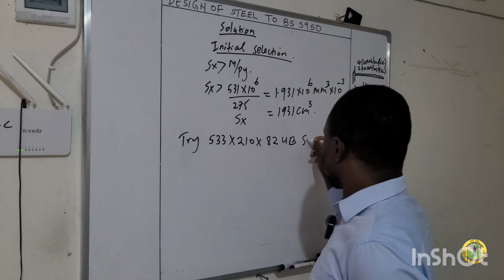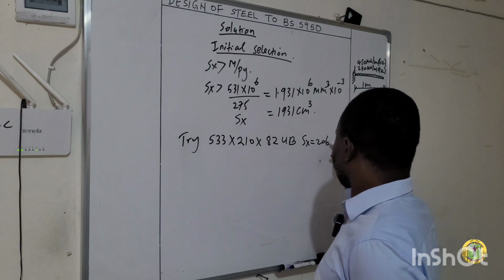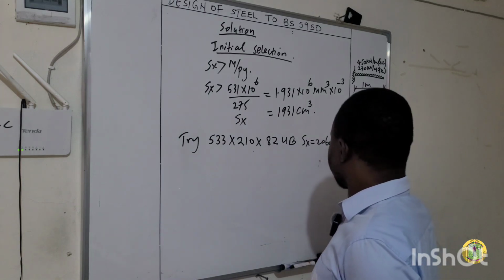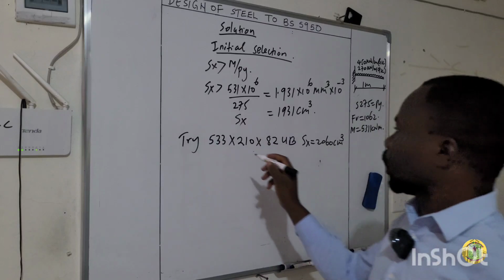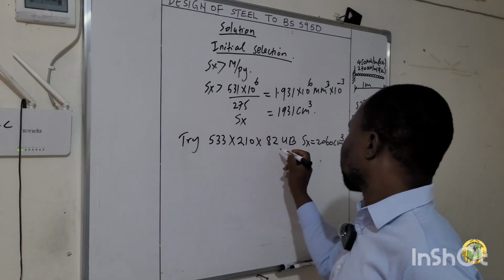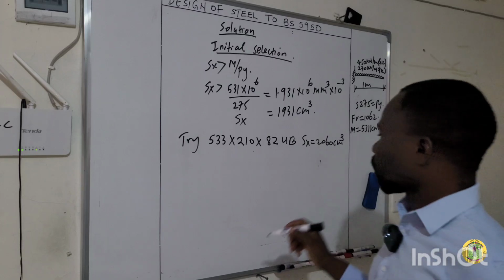And then the plastic modulus from the table is 2060 centimeter cubic, like that. So this is the depth, the width, and kilogram per meter, like that.